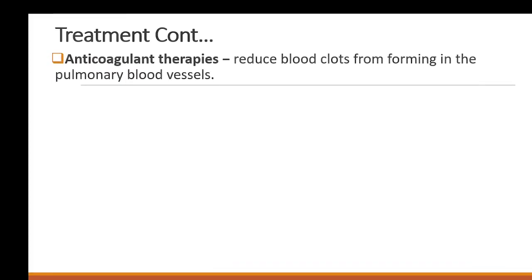We have anticoagulant therapies. The main function of these anticoagulant therapies is to reduce blood clots from forming in the pulmonary blood vessels. Because if blood clots form in the blood vessels, it is very dangerous to our patient.